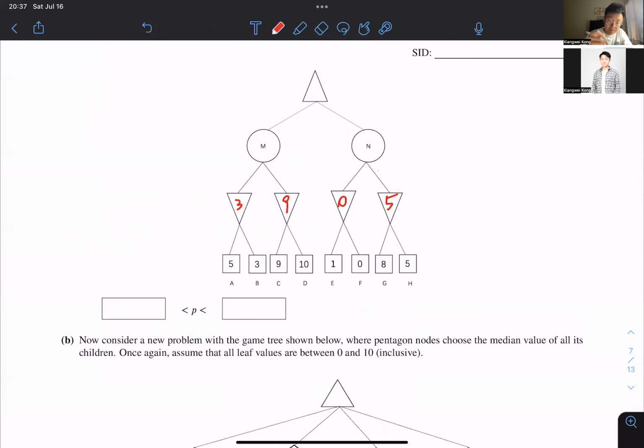For M, for this question, we don't know the P, so we'll just call it P. So it's 3 times P plus 9 times 1 minus P. This value should be strictly larger than the right. Will be larger than or equal to.